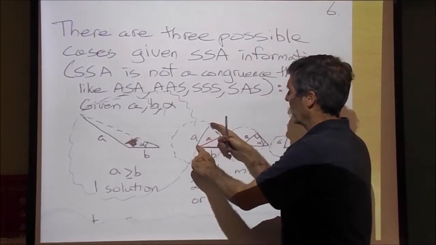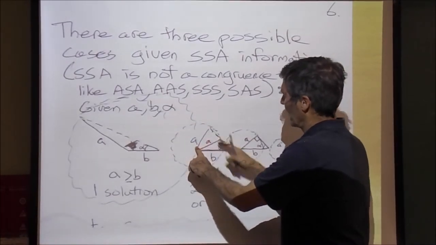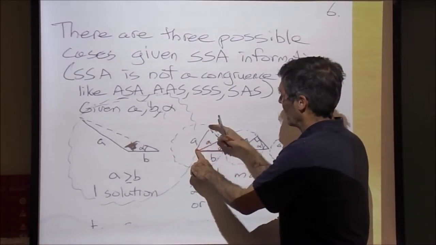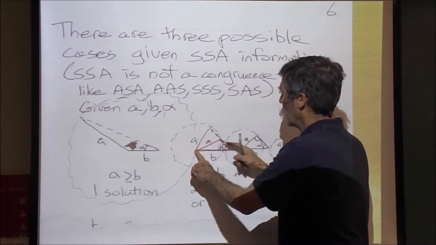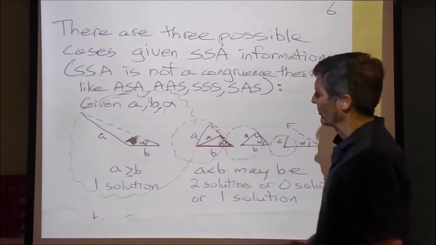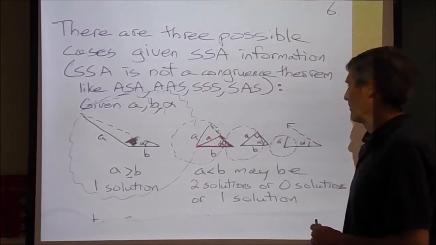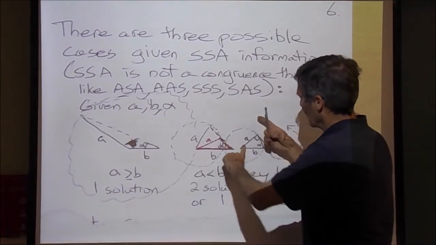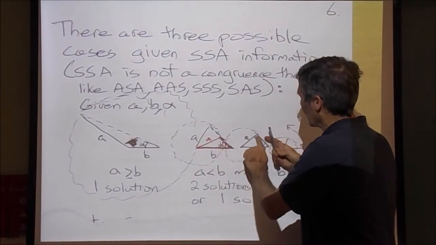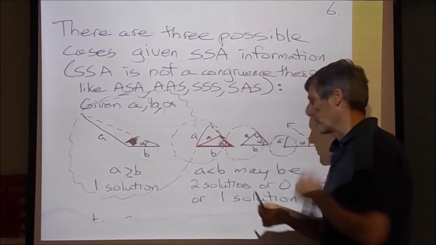And the idea is that, again, A can swing around in a circle of rays here, and this time it can intersect the ray coming out either right here or right here, and so it can form this triangle, or it can form this triangle by intersecting along the circle at one of those 2 points, and satisfy all the conditions. Another possibility is that the angle here is such that when I swing side A around, I can just touch it at one point at a right angle, then I have exactly one solution again.